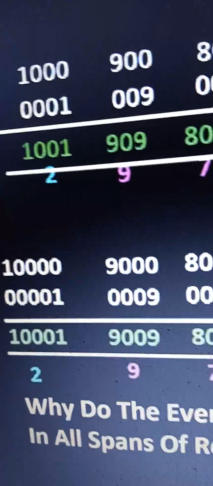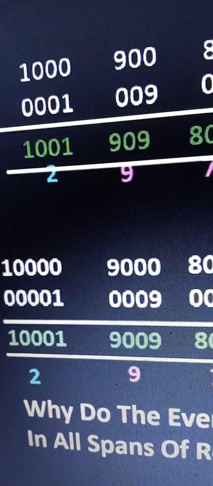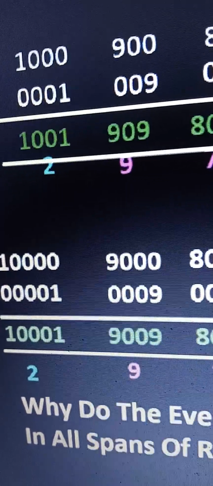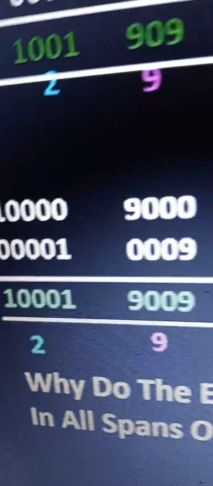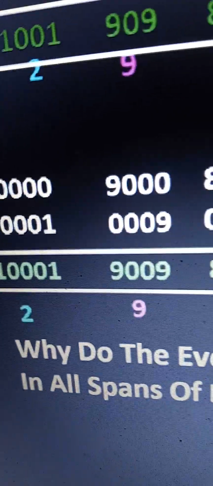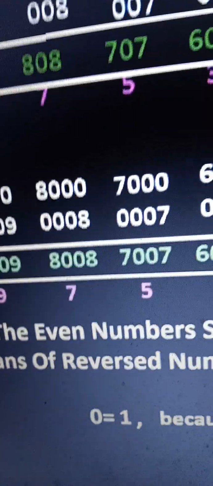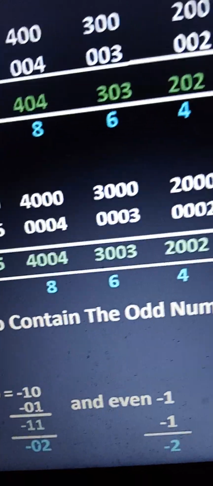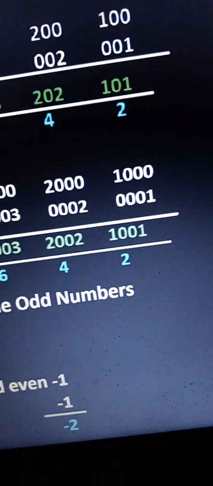They again contain this signature pattern where you have an even number 2, odd numbers 9, 7, 5, 3, 1, then even numbers 8, 6, 4, 2.